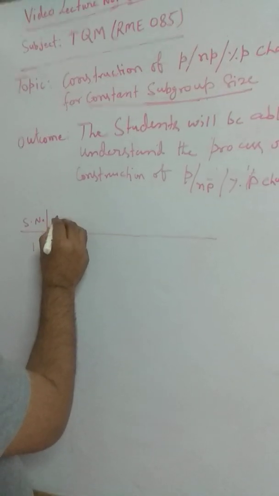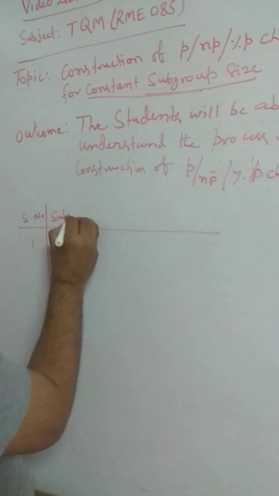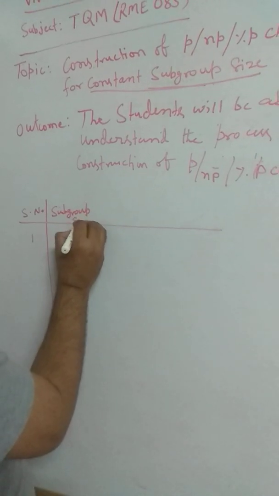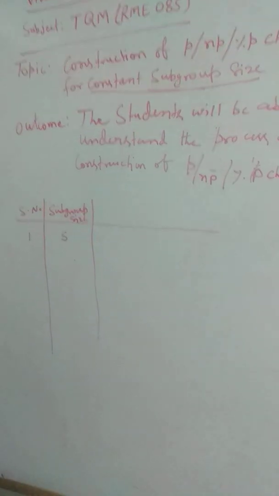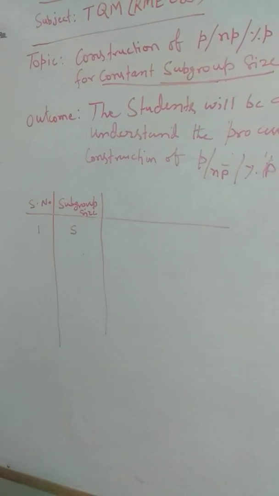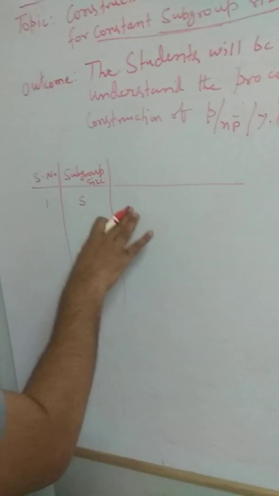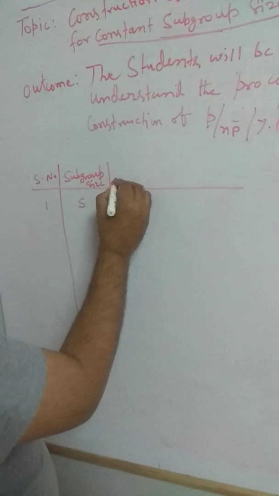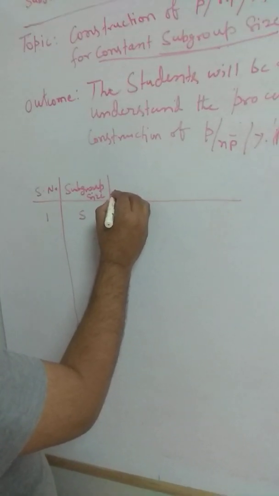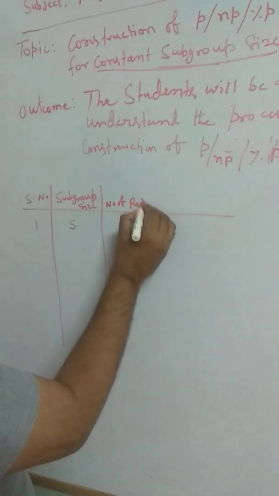The subgroup size here is S, and we have inspected an item, and out of how many rejected, we will note it down, the number of rejection.